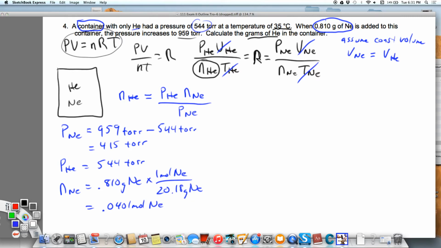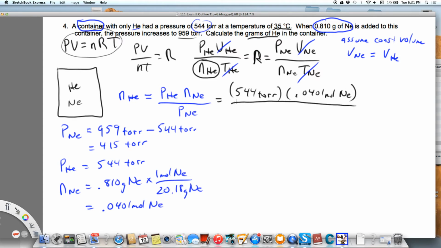Okay, so now we can go ahead and plug everything in here. We can take our pressure, which is 544 torr, times our moles of neon, which we just calculated, which is 0.0401 moles of neon, divided by the pressure of neon, which is 415 torr.